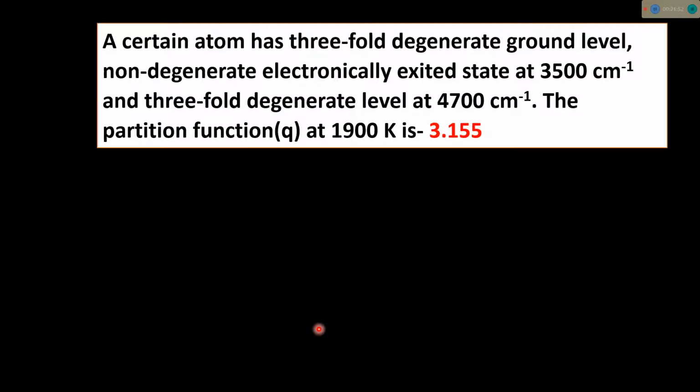So the correct answer will be 3.155. If the question asks in a blank up to 2 digits after the decimal point, you have to write 3.15. For 1 digit after the decimal point we have to write 3.1. So the answer will be 3.155.